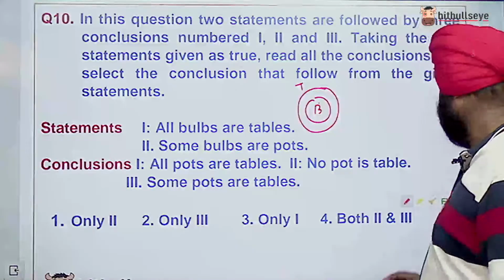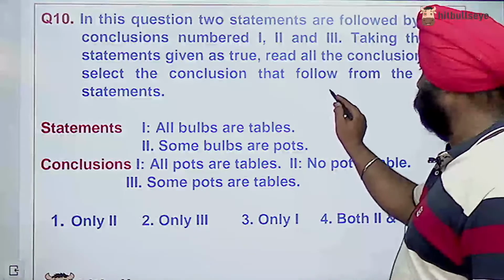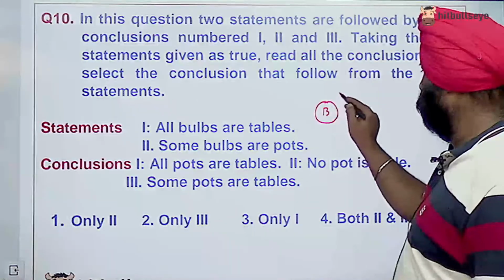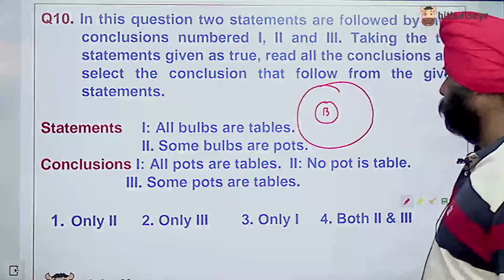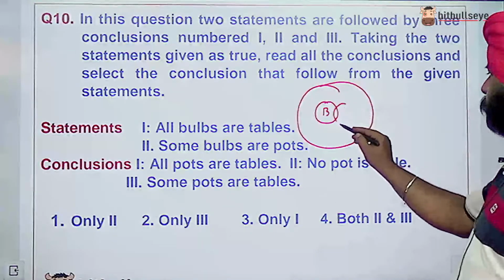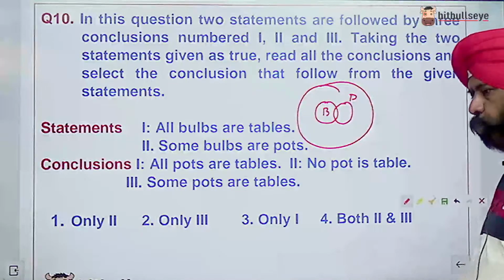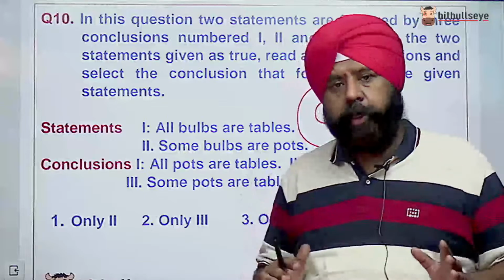Some bulbs are pots, so let us make this Venn diagram a bit bigger. All bulbs are tables, so for table I make a bigger circle. Some bulbs are pots, so there should be an intersection.